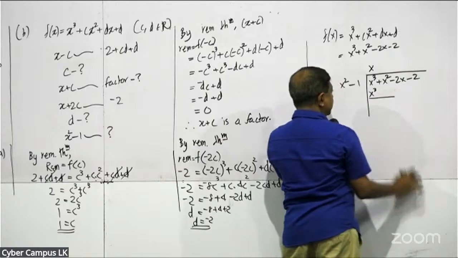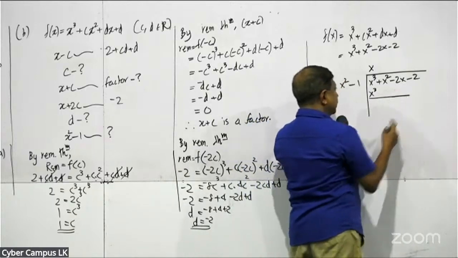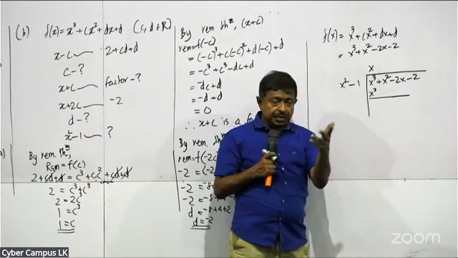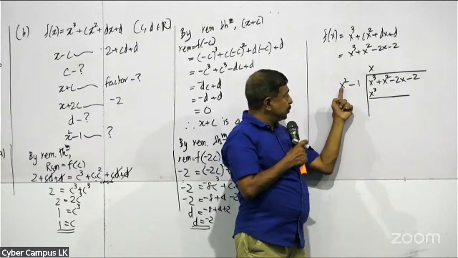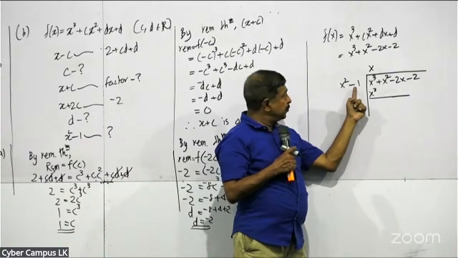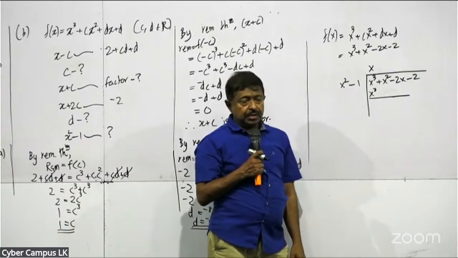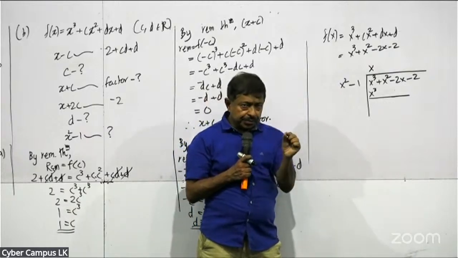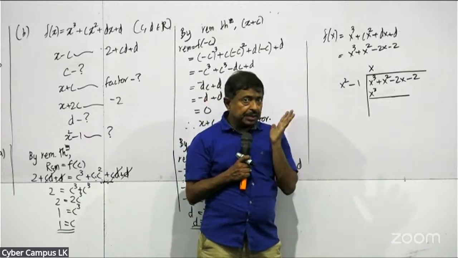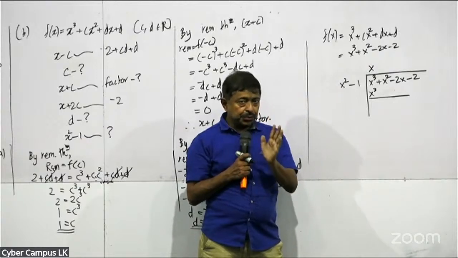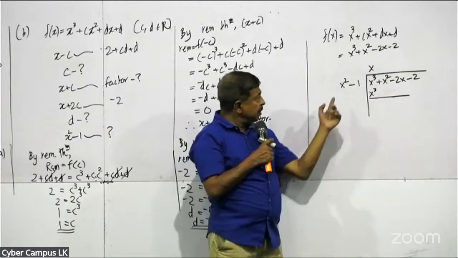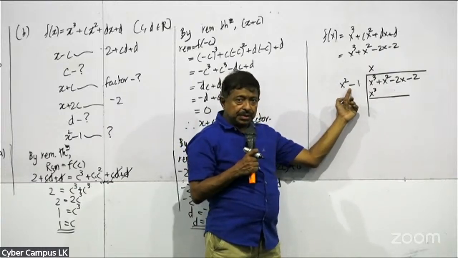You cannot do it like that. Always look here, one term is missing, x is missing. You have the second power, but the first power is missing. Therefore, when you write the corresponding terms, you have to align the similar terms. That's why I told you, you have to be extra cautious when you perform long division when one term is missing in between.